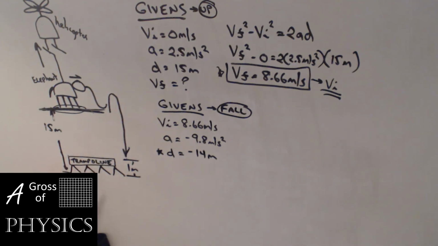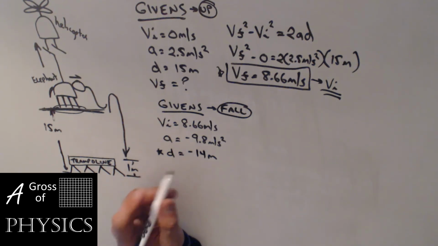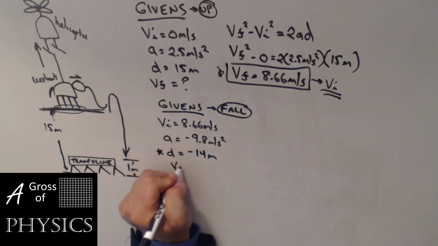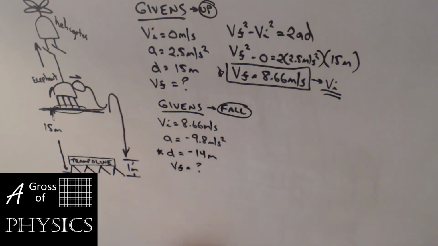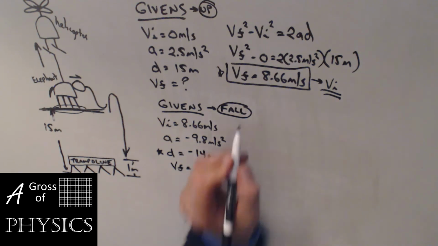Now, of course, the trampoline will bend. It probably breaks because an elephant is probably not going to be held up by a trampoline. However, the scope of our problem ends when we find how fast the elephant hits the trampoline. So VF is our goal for this one. And oddly, VF was our goal for both parts of the problem.